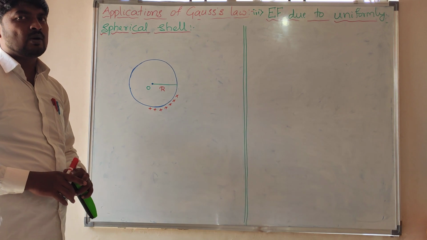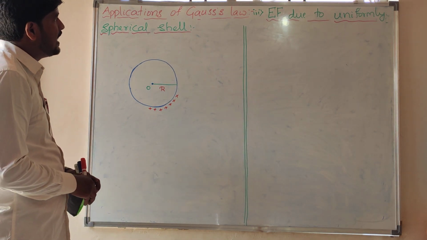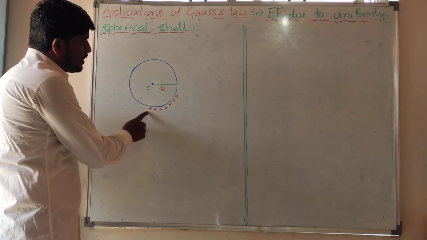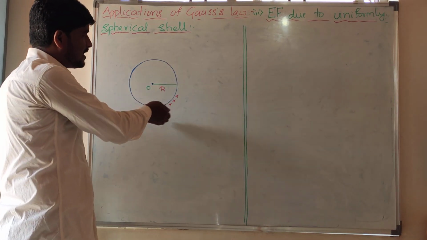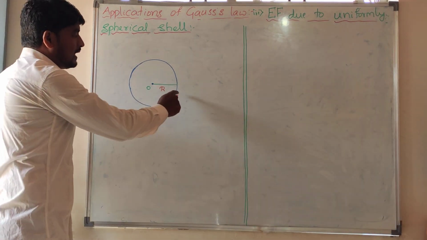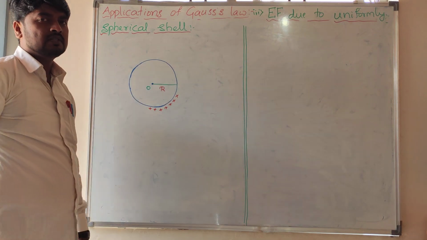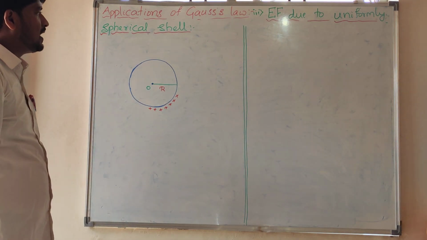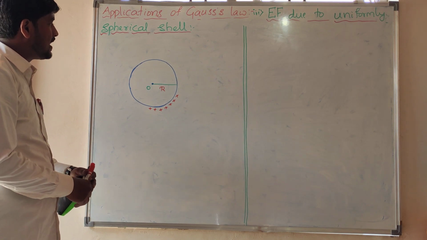An important concept here is, since the positive charges are accumulated on the surface of the spherical shell, the electric field is radially outward in all directions of this sphere, because it is spherically symmetric.